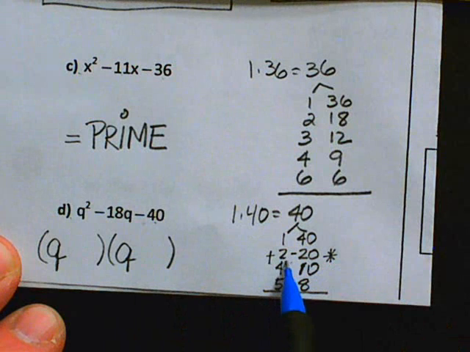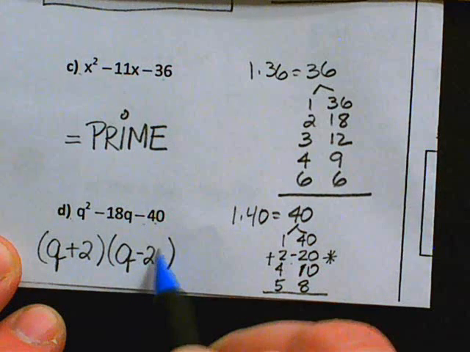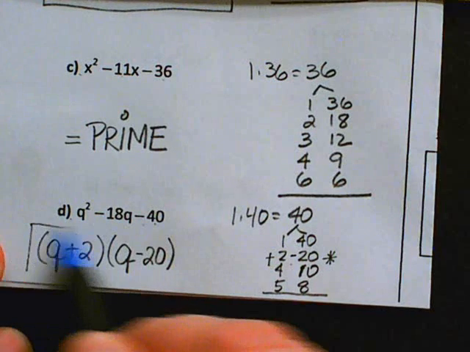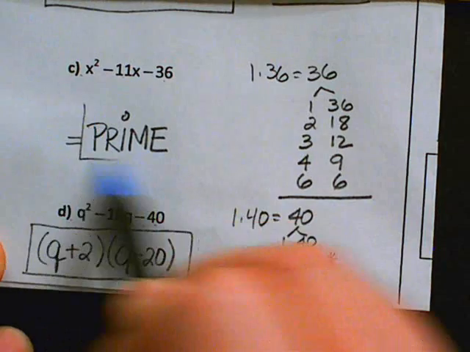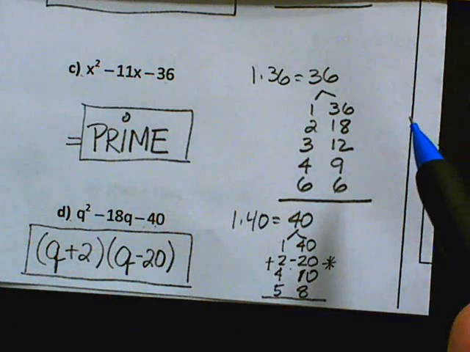So it would be positive 2, negative 20, and that's our answer. Okay, let's continue to the next problems.